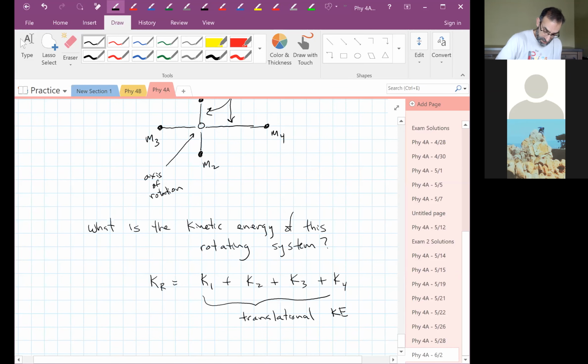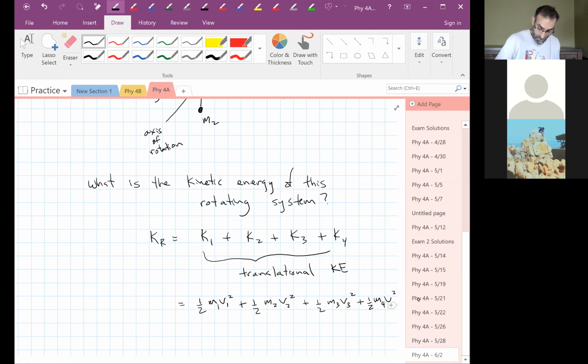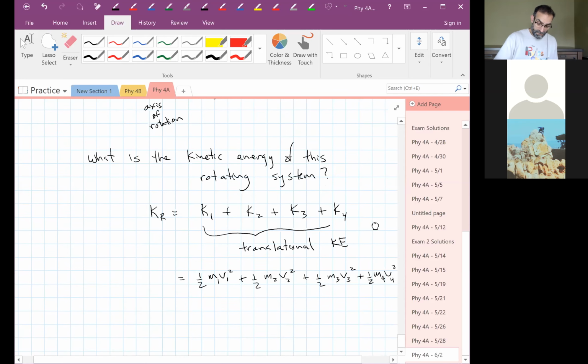So we'll write that in here for each one of these. 1/2 m1 v1 squared, 1/2 m2 v2 squared, and we keep going. Oops, that's a 4. Looks good to me.